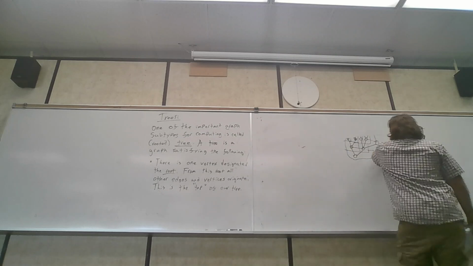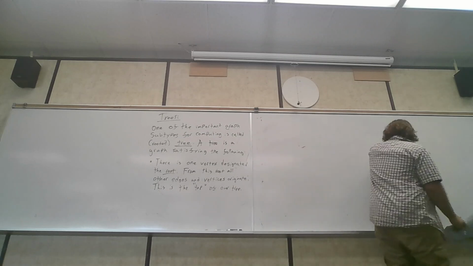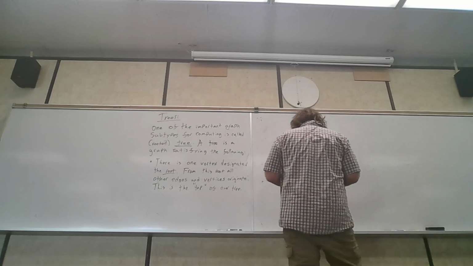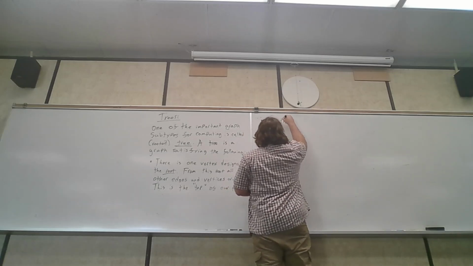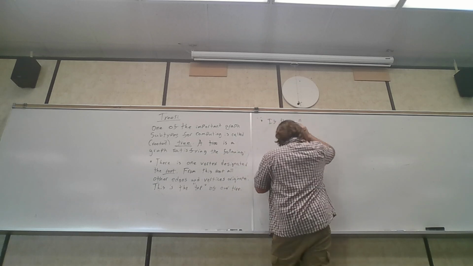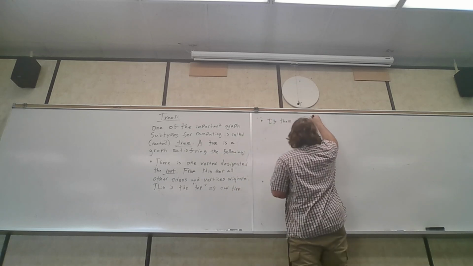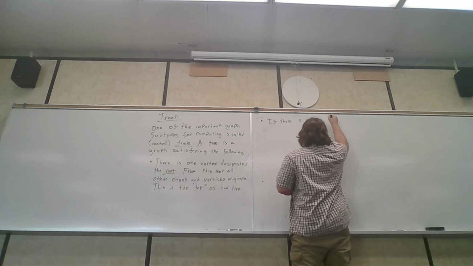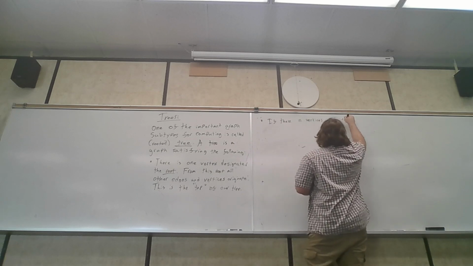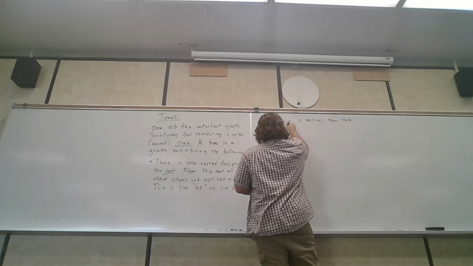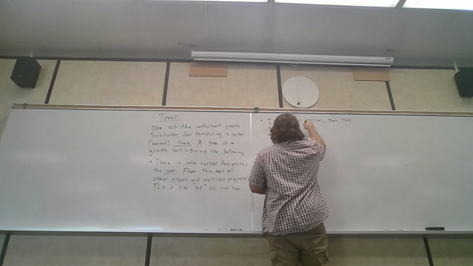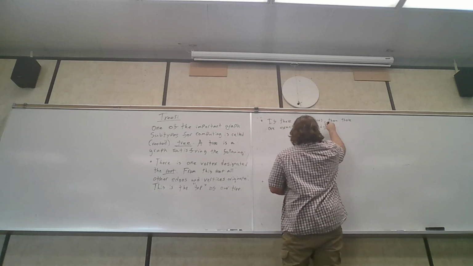There's one other condition on a tree, and it's that if there are n vertices, then there are exactly n minus 1 edges.